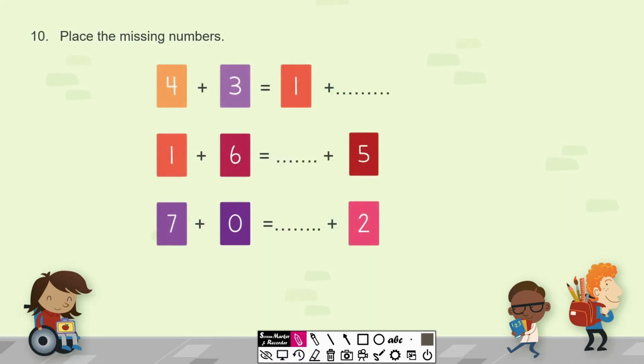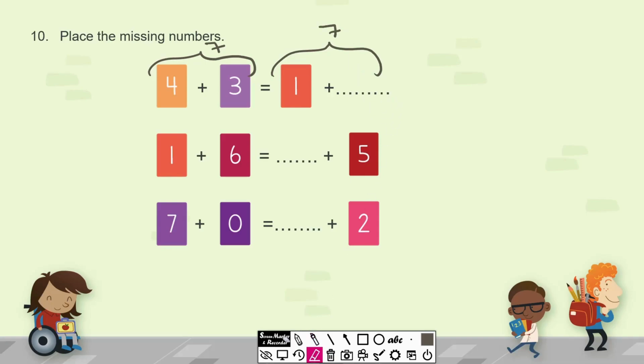Place the missing numbers. 4 plus 3 is equal to 1 plus. So 4 plus 3 is equal to 7. And 4 plus 3 is equal to 7 is equal to 1 plus what will we write here? 1 plus 6. 1 plus 6 is equal to 7. Correct.